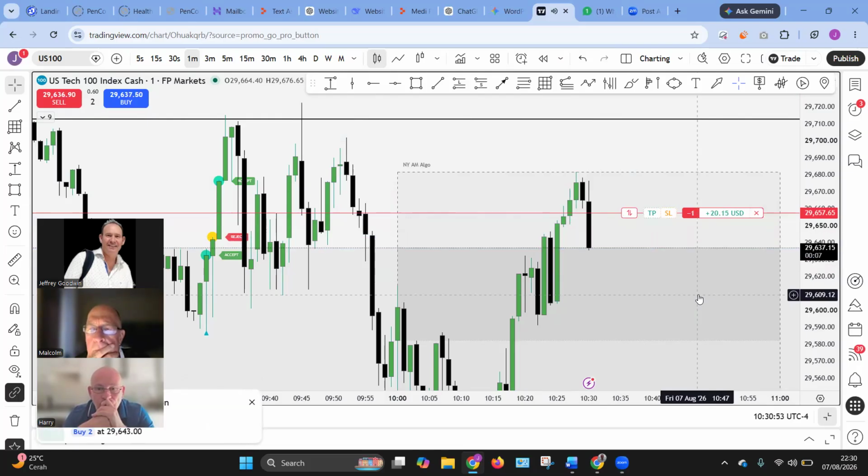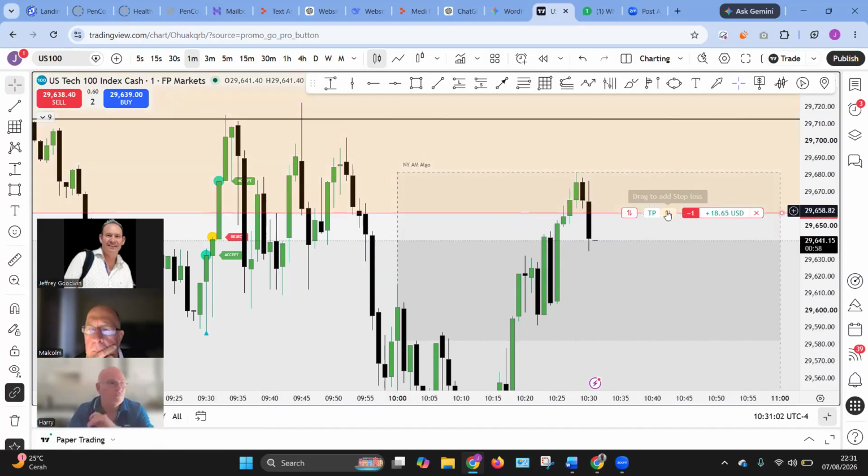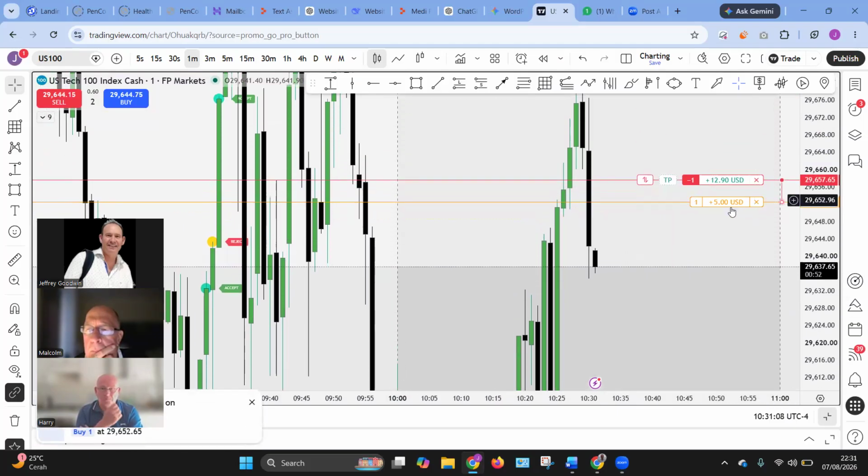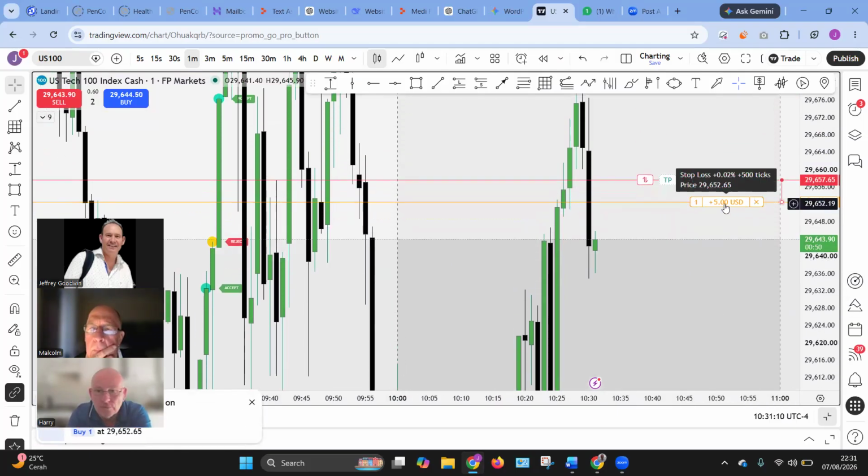Right, so I now have 1 contract left. You see this when it says 1 contract? Although I placed 3. So if I want, I can just boom my stop loss into profit. And now I can't lose.